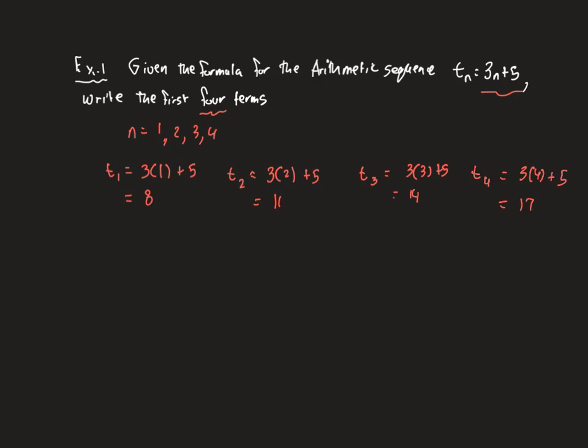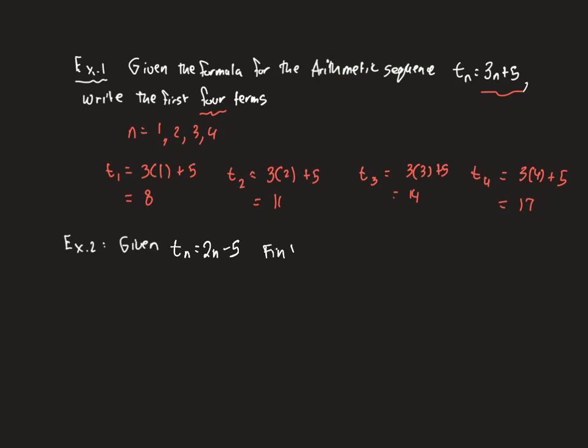So what if instead I gave you this formula, example 2? Given that it's an arithmetic sequence, t of n is equal to 2n minus 5.